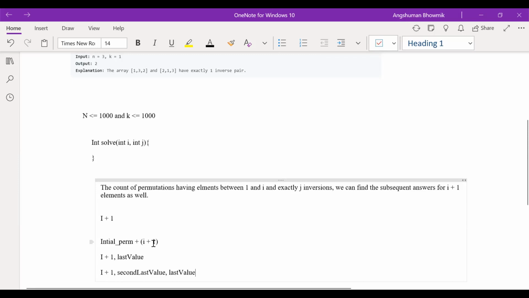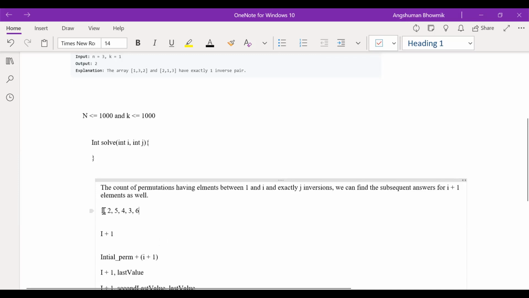So if we place the I plus 1th value element at the end of the array, we won't get any extra contribution due to this. Because if we have a look at a permutation, 1, 2, let's say 5, then 4, and 3, then 6. Here n equal to 6, and the last element, that is 6, is placed at the end of the array.